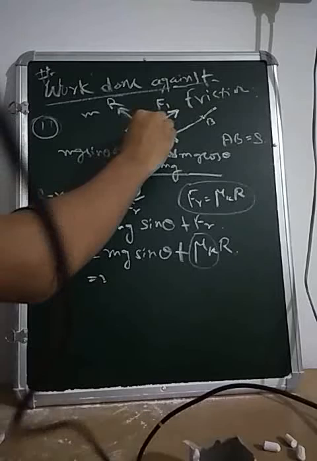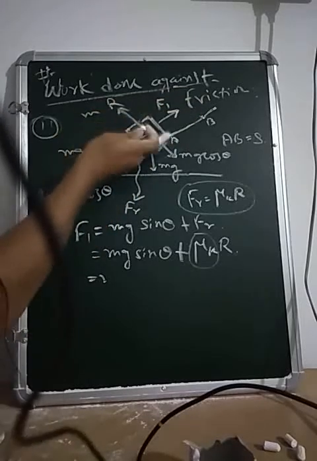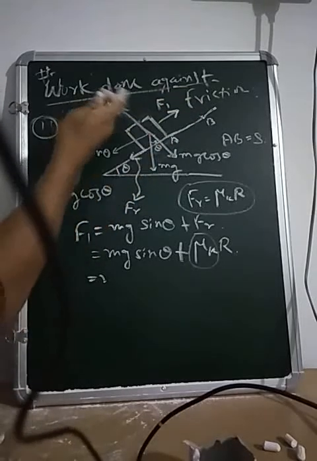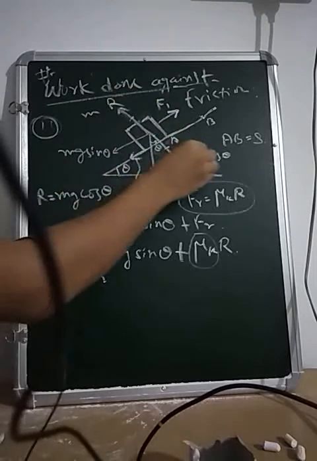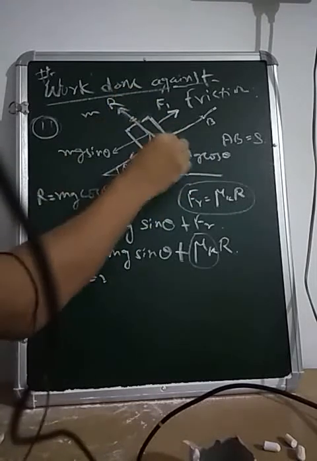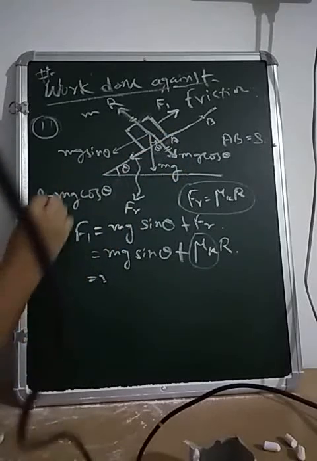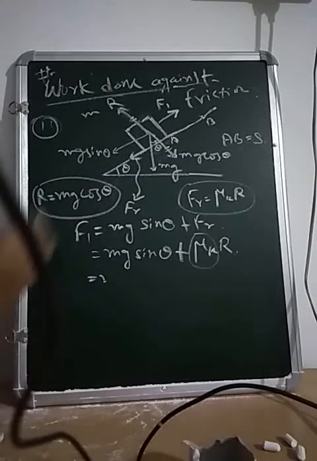Since the body is moving only in this direction, there is no deviation of its motion upward or downward, so these two forces are balanced. R and mg cos theta cancel each other, so we can write R equal to mg cos theta.